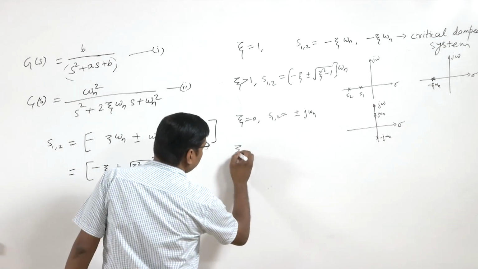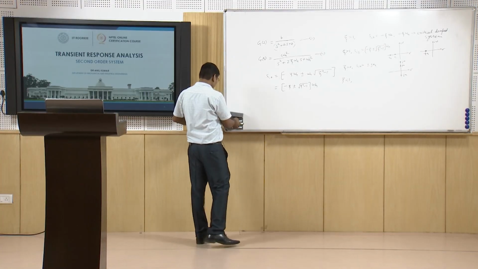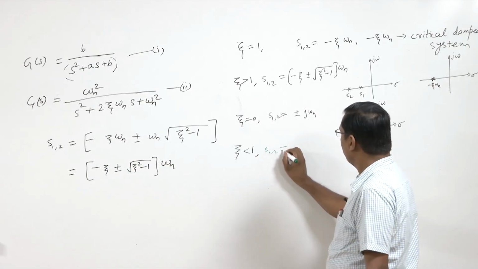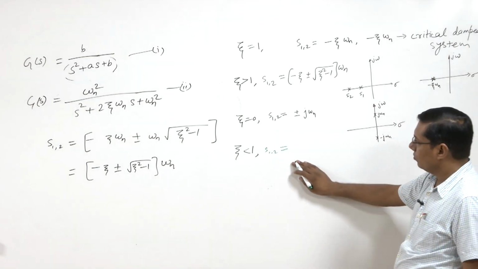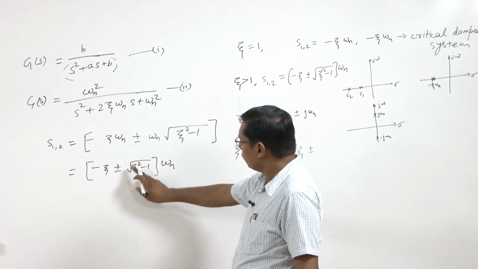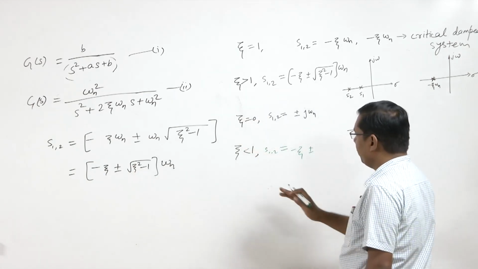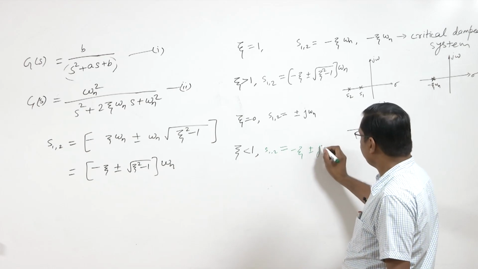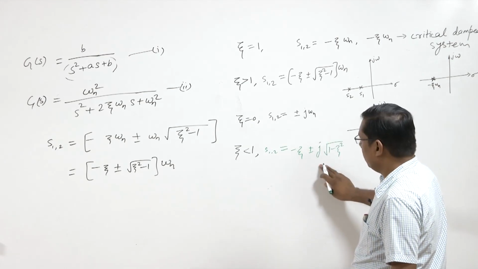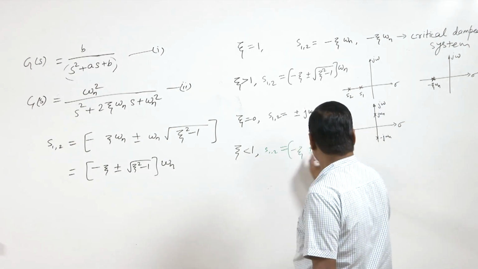Now if zeta is less than 1, we will have S1,2 equal to minus zeta omega n plus minus omega n times the root. So here zeta is less than 1, so to make this under root quantity positive, we put 1 minus zeta square, and we take j out, root 1 minus zeta square. So j is root of minus 1 and here omega n.